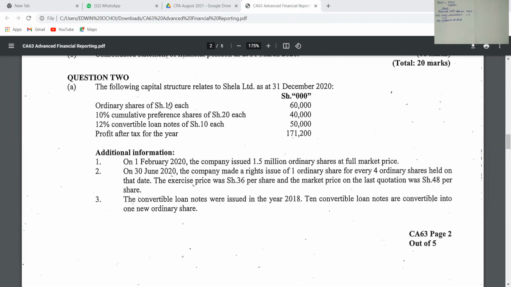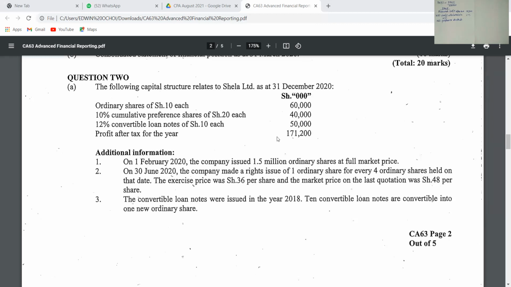The question says that the capital structure relates to Share Remittent as at 31st December 2020, which means that these are the relevant capital structure for that period. The preference shares which were there were 10% cumulative preference shares of shillings 20 each at a total of 40,000.